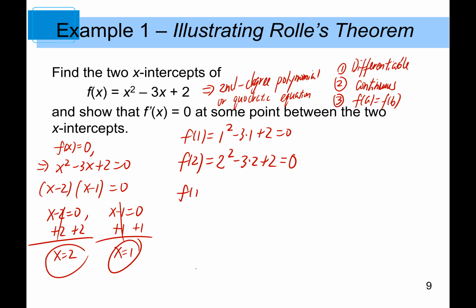That means f of 1 equals f of 2, and the third condition is verified. The second condition is differentiable on the open interval (1, 2).